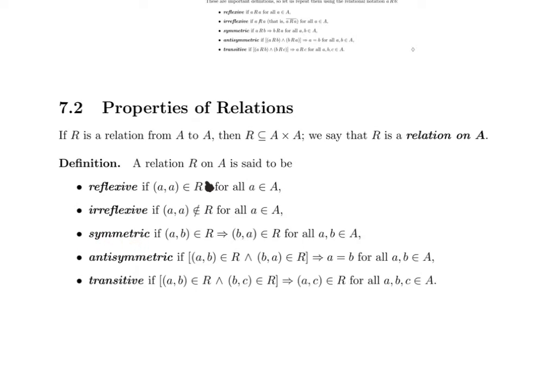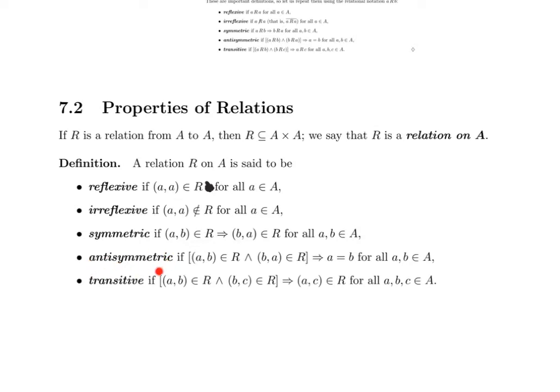Symmetric means A is related to B implies B is related to A. Remember, in the last section, we saw that that's not always the case. So for every pair AB in the set A, this if-then statement is true.